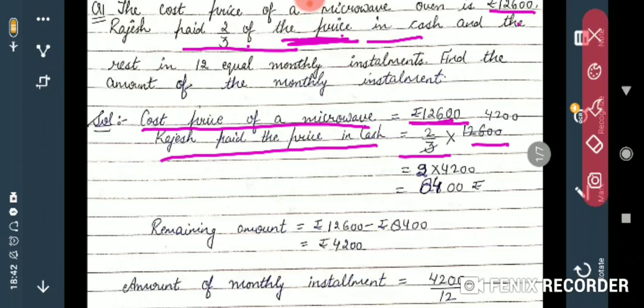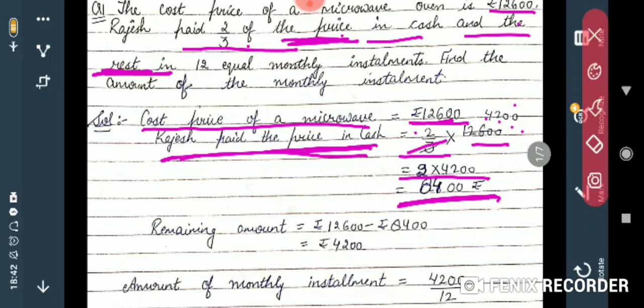Now just cut it. 3 4s are 12, 3 2s are 6, and 2 0. After that multiply 2 and 4,200. You will get 8,400 rupees. So Rajesh paid rupees 8,400 in cash.